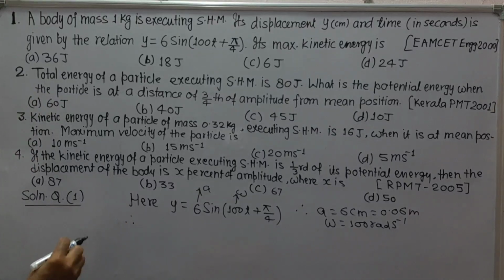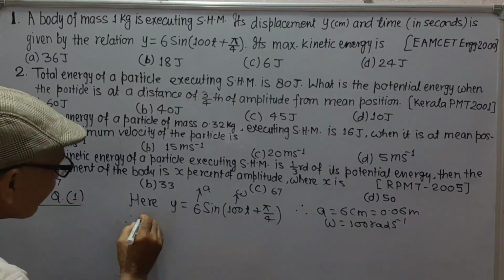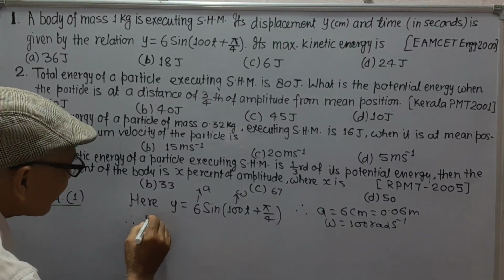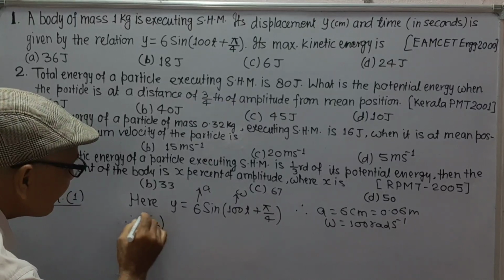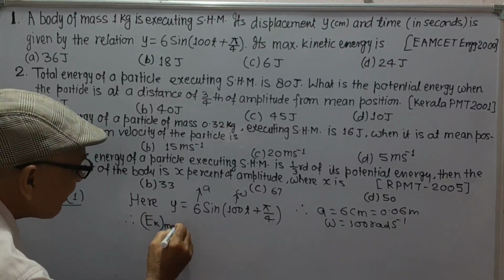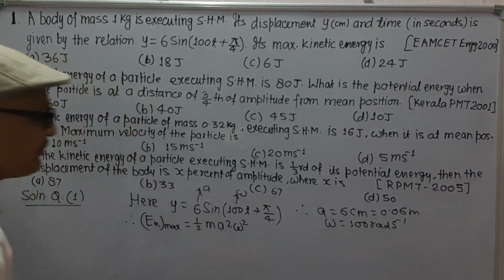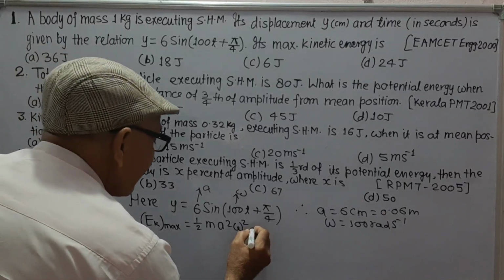Therefore maximum kinetic energy Ek max will be equal to half m A square omega square.